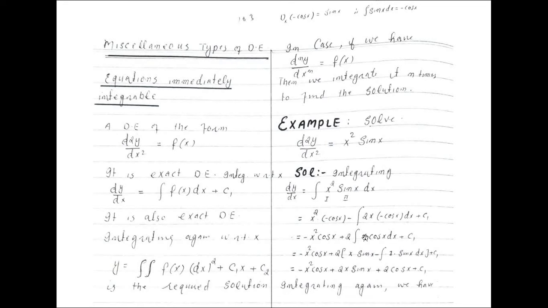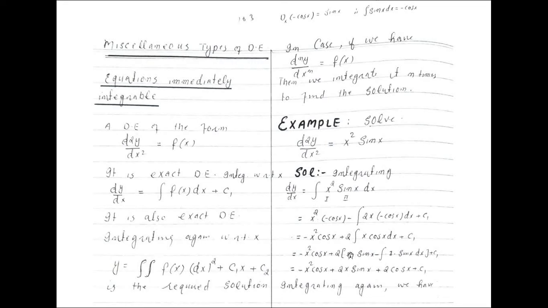Now here we have integral x cos x. Again using integration by parts, this x will be the first function, this cos will be the second function. So using integration by parts, first function integral of cos, which is sine. Similarly derivative of x, which is 1, integral of cos, which is sine, into dx plus c1.